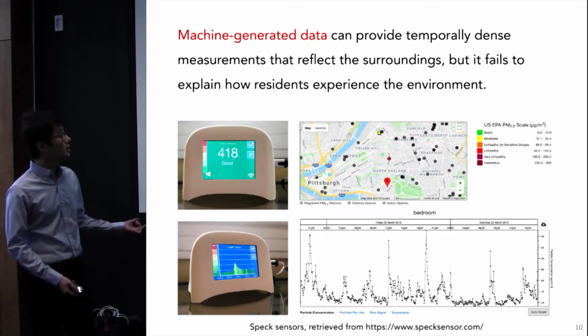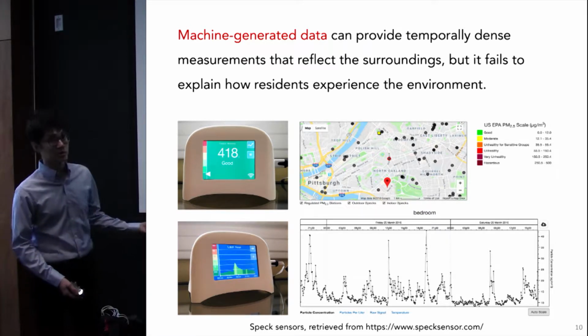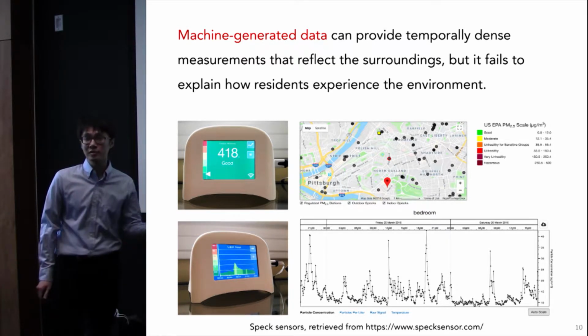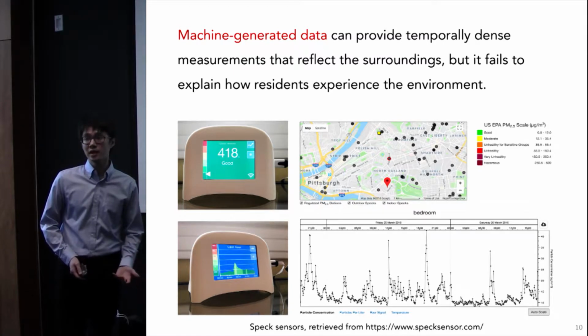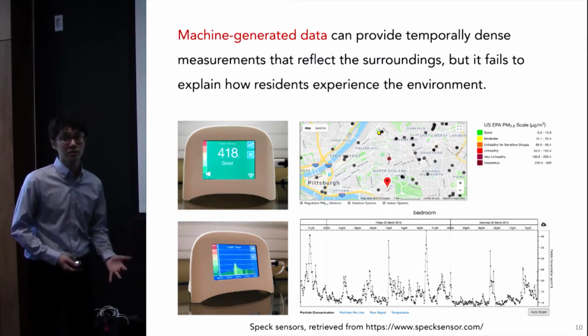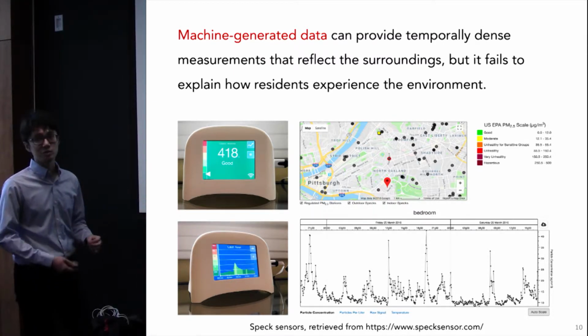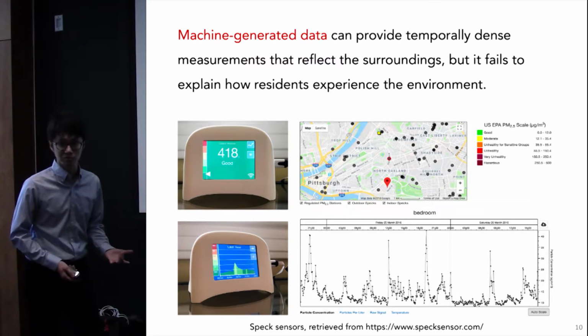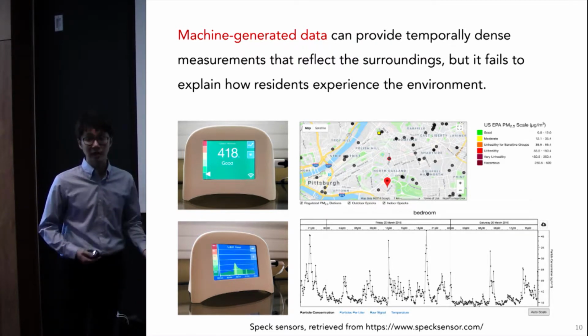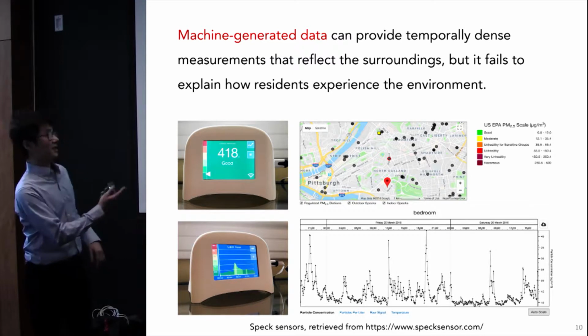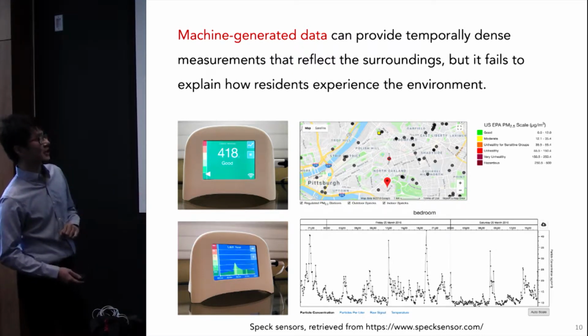For example, this is a SPEC sensor, an indoor air quality sensor. You can place it indoors, and when you cook, you can look at the sensor readings. If the reading is rising, then we know we need to turn on the fan. So that's how we use machine-generated data.